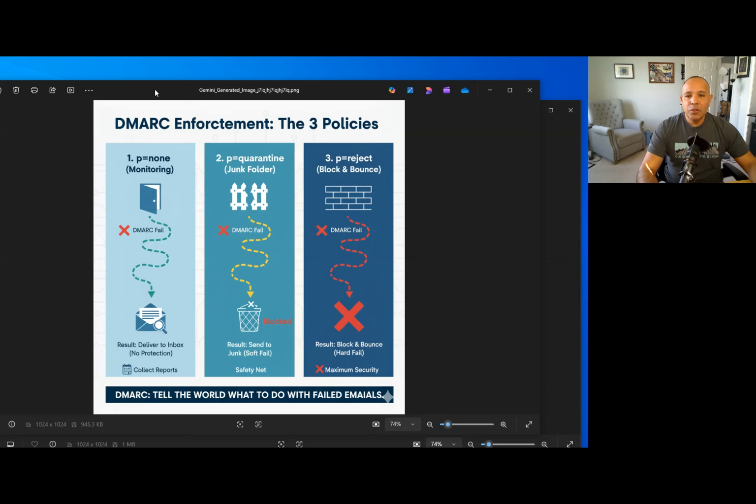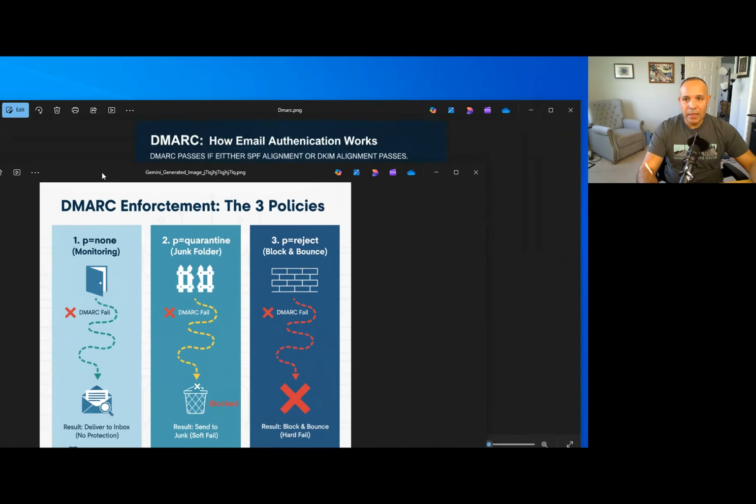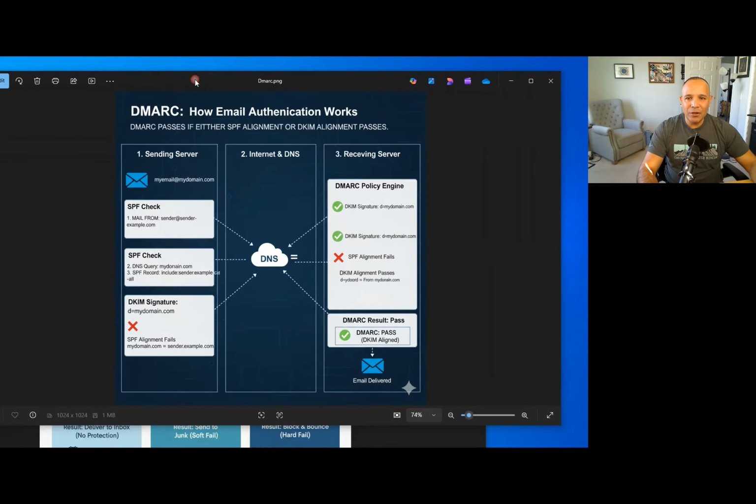We need to have a DMARC enforcement policy because as you could see here, everything that took place, if the SPF fails or if DKIM fails or if both SPF and DKIM fail, what's going to happen to that email? That's going to be dictated by the DMARC policy that the administrator of mydomain.com creates.